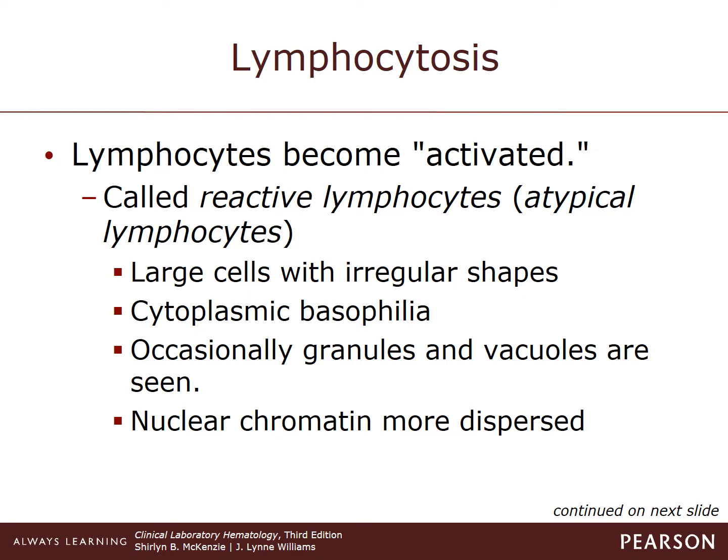Reactive or atypical lymphs are usually large cells with irregular shapes. They have cytoplasmic basophilia, which is quite dark. Occasionally, you might see some vacuoles or granules, and the nuclear chromatin is more dispersed, and the nucleus looks stretched.